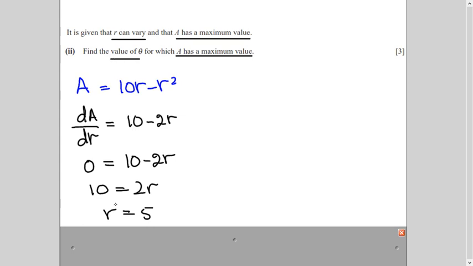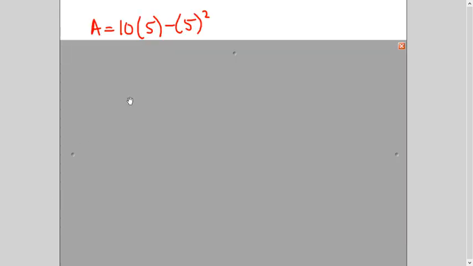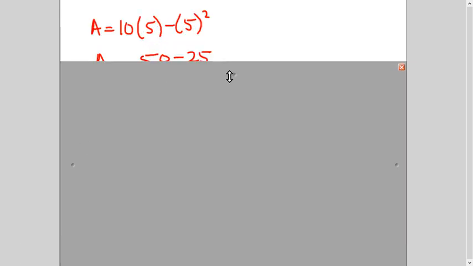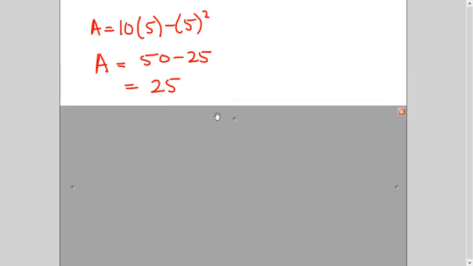Now I know that r is 5 when area is maximum because of this concept here. If I plug in this 5 here, I will get the maximum value of area, right? So let's see. I have plugged in here and I got the maximum value of area. But what I have to find out?